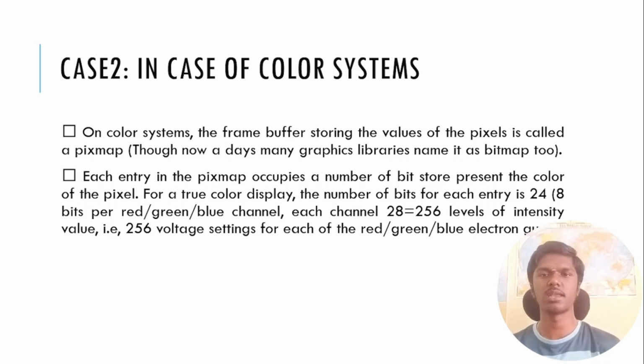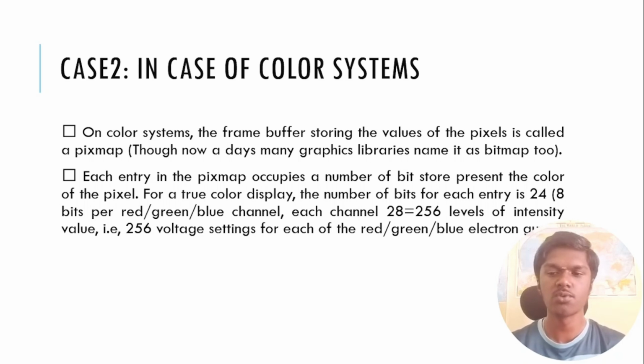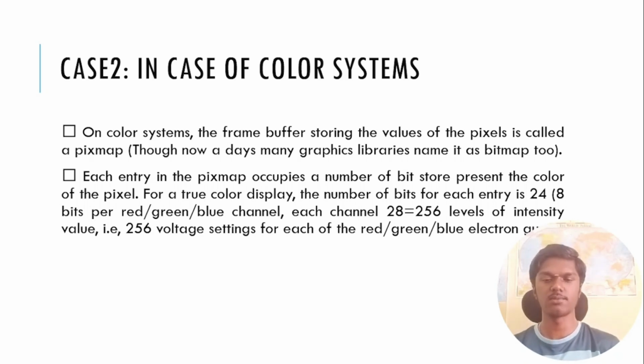For a true color display, the number of bits for each entry is 24, that is 8 bits per red, green or blue channel. Each channel, 2 to the power 8, is equal to 256 levels of intensity value, that is 256 voltage settings for each of the red, green or blue electron guns.